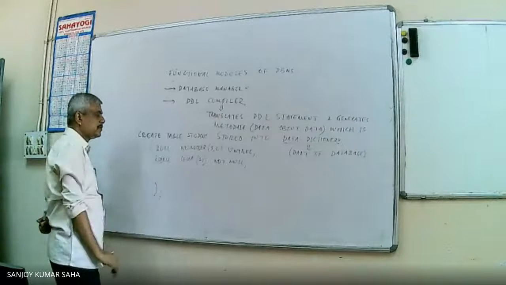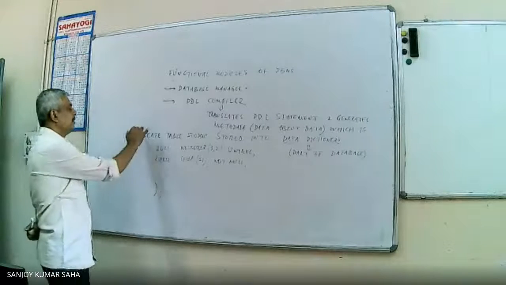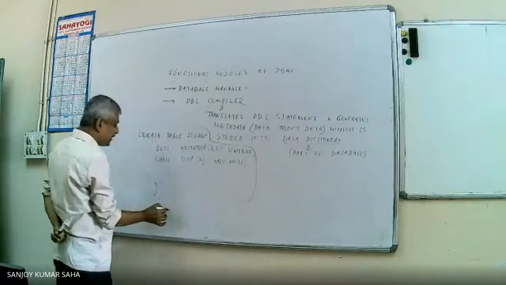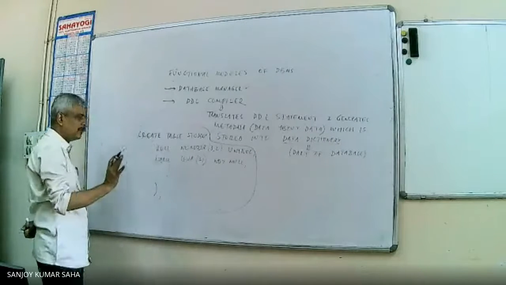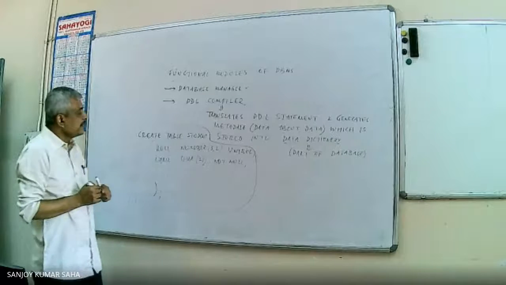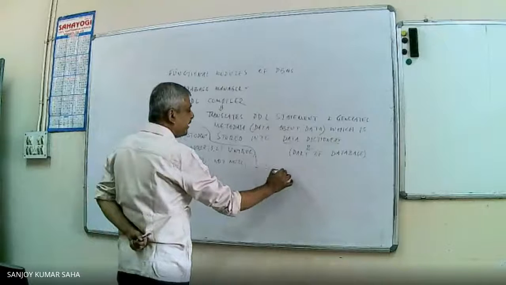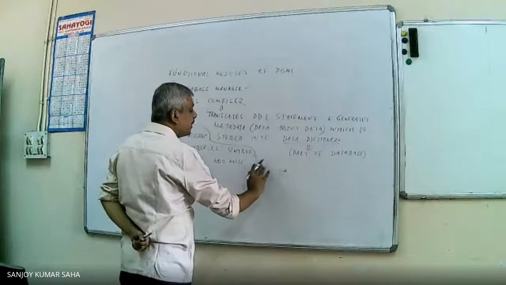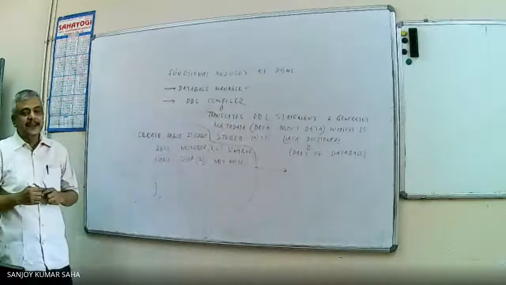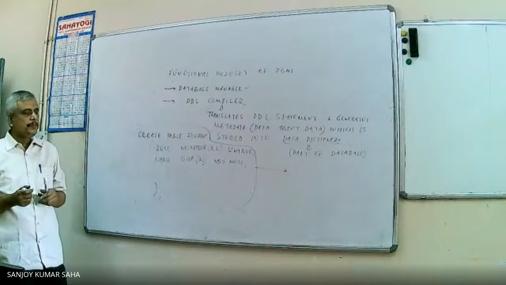Don't get confused or perturbed by the syntax, we will come across it. Now see, this is a DDL statement. I want to create a database. Whenever the DDL compiler acts on this, it will create certain metadata. There is no data.